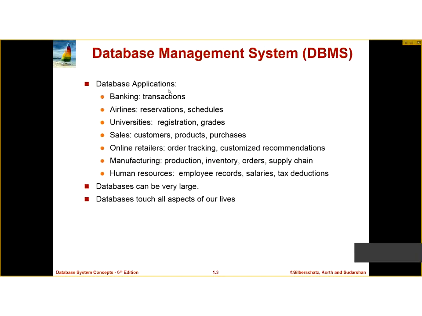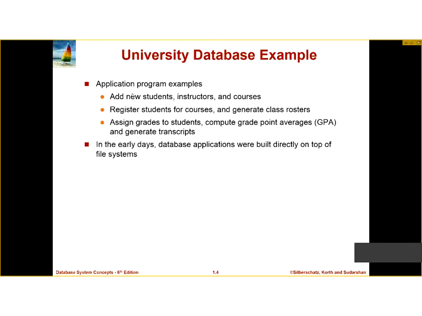Then I told you about the database applications, which are in banking, airline, university, sales, and other fields. And I told you the databases can be very large and touch all aspects of our lives. When I say that there is a set of programs to access the data, it means the programs can be for different purposes, like to add students, to add instructors, to add courses, or to register students for courses.